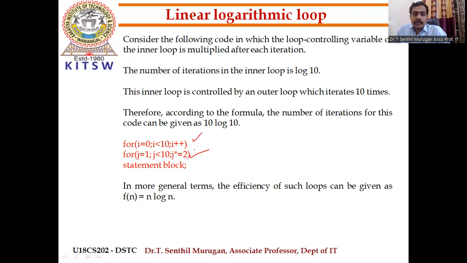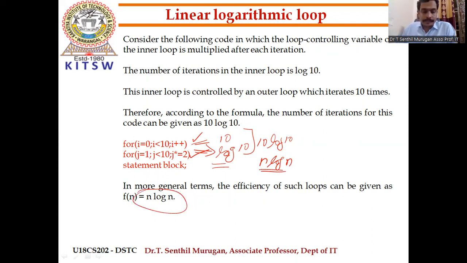So this is for log 10, executed 10 times, so totally we can say 10 log 10, that is n log n. This is the time complexity of the nested loop with logarithmic.